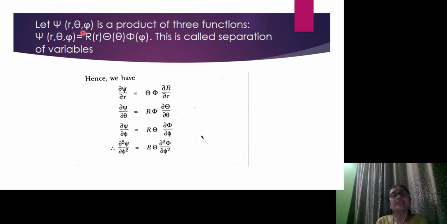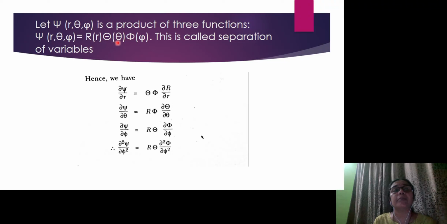Now let psi be a function of r, theta, phi. Let us consider that it can be written as a product of three functions, capital R, capital Theta and capital Phi, where each of these functions depends upon only one variable.